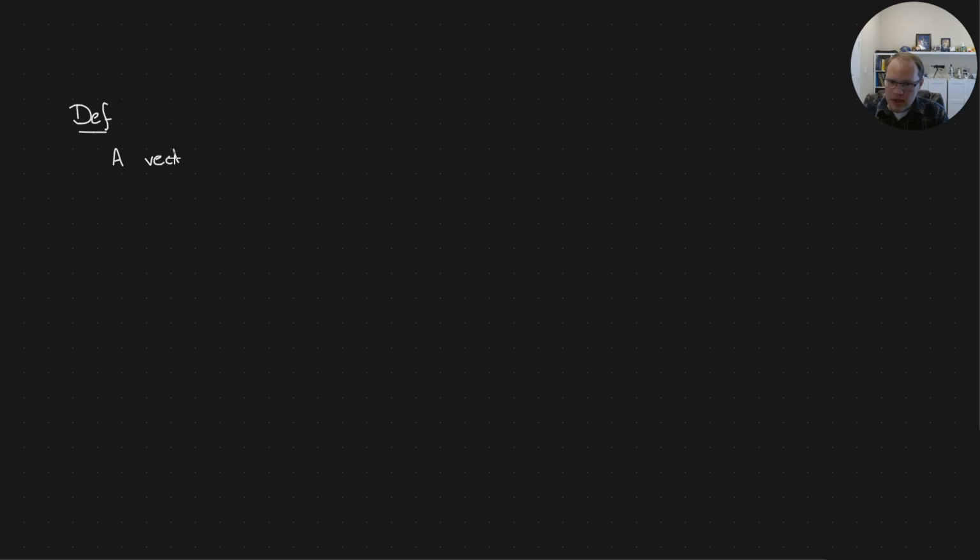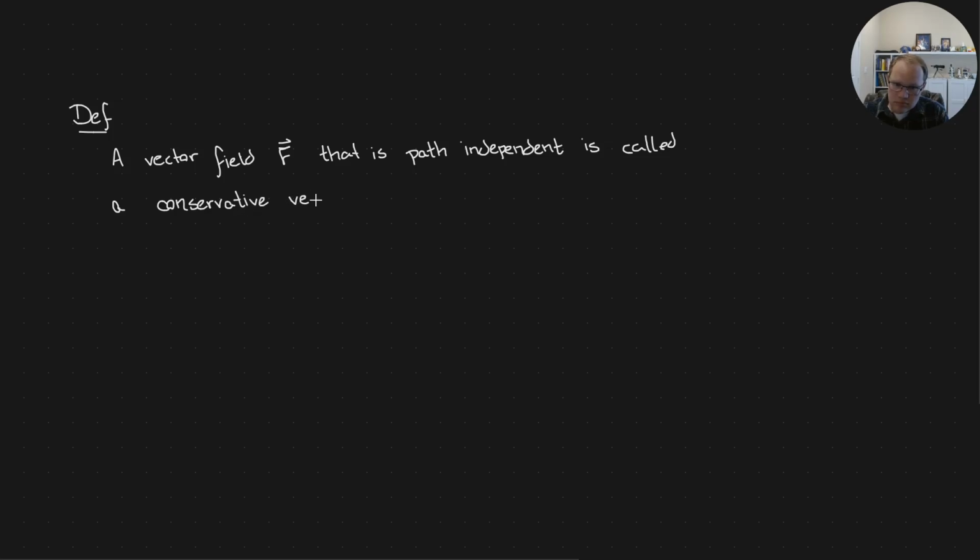A vector field F that is path independent is called a conservative vector field. So the question then is, how can we tell if a vector field is conservative?